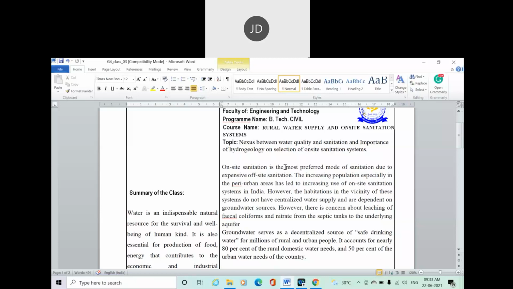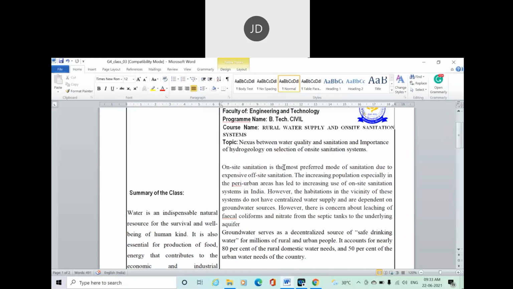We also need to protect the groundwater. We should not pollute the groundwater. This is also our aim. So the hydrological condition in a particular area also matters when deciding on an on-site sanitation system.